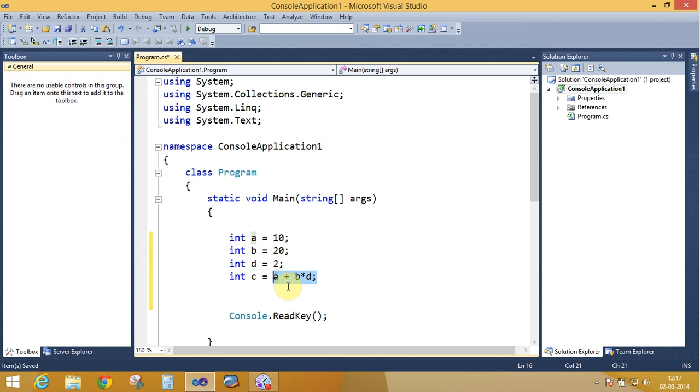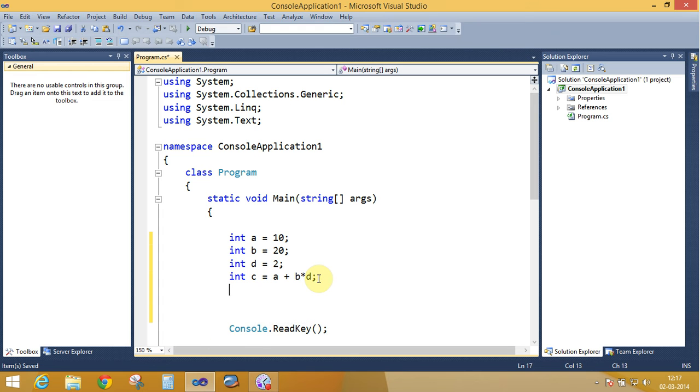If we use more than one operator in an expression, operators are evaluated according to their precedence. So first we evaluate b multiplied by d, and after that add the value of a.